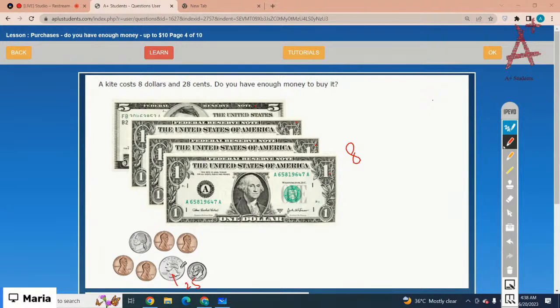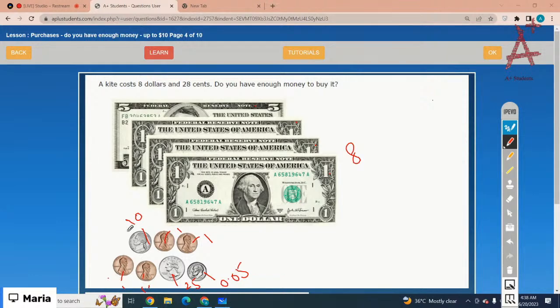Then you have a dime, and you can count a dime by 10. Then you have a nickel, which is 0.05, and you can count the pennies by 1.